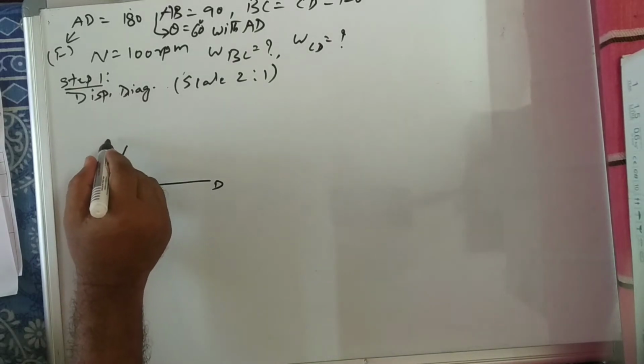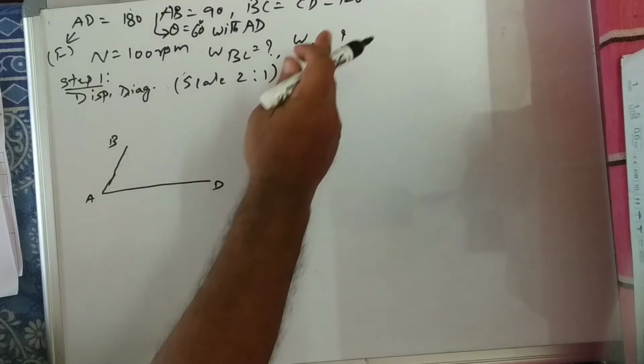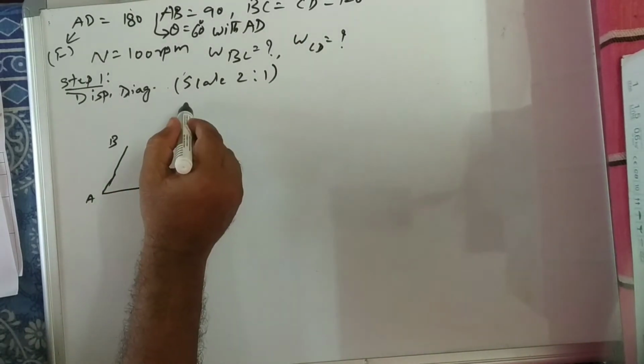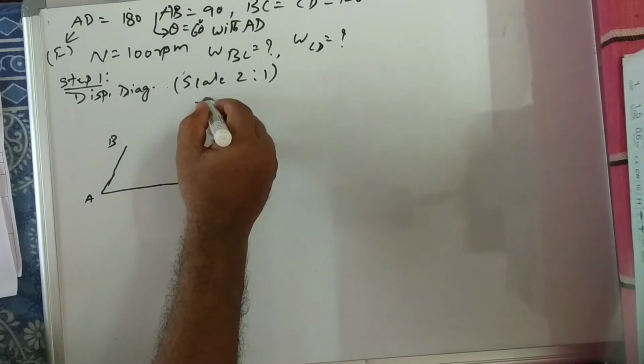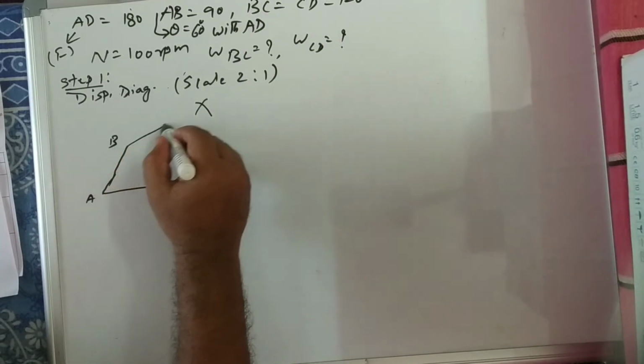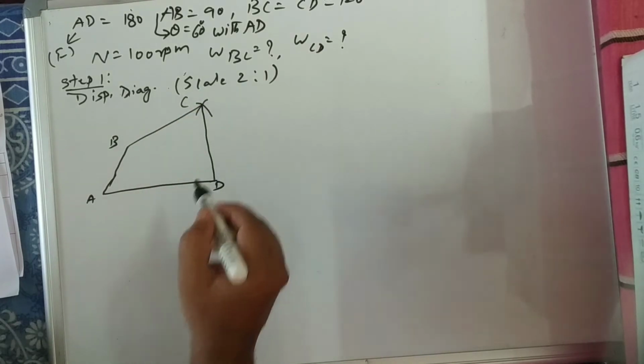This is the point B. Next, BC and CD are 120 mm. From B you draw an arc of 120 mm, and from D an arc of 120 mm. Where they meet is the point C.